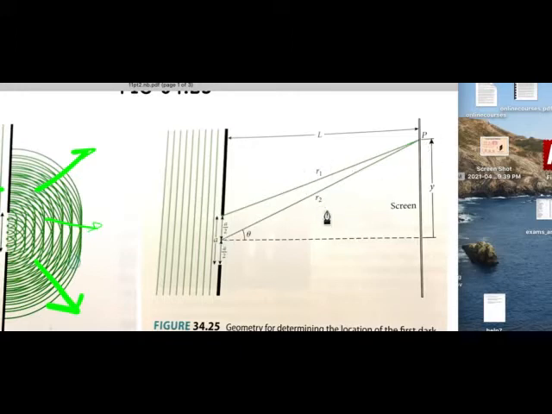So there's a phase difference between the waves from these 2 different points. Of course, you don't have just those points. You have all the points in the slit, but different parts of the slit may interfere constructively and destructively, so that the point on the screen could be bright or dark.